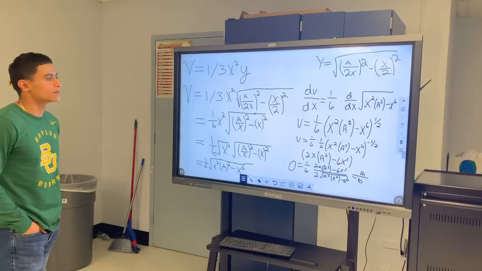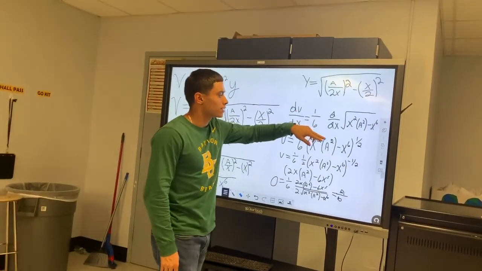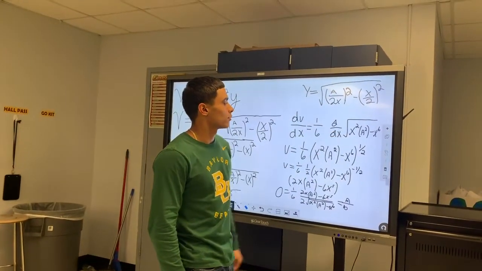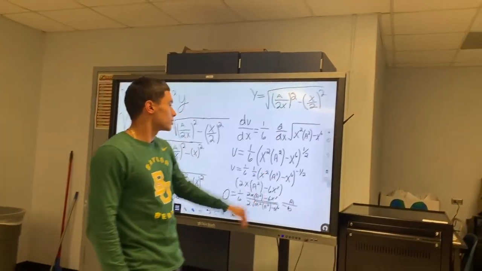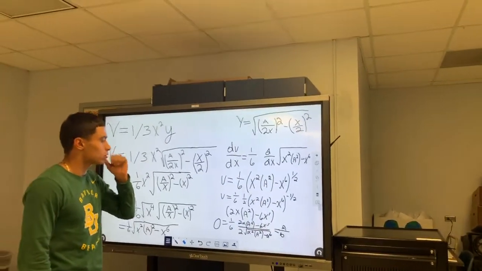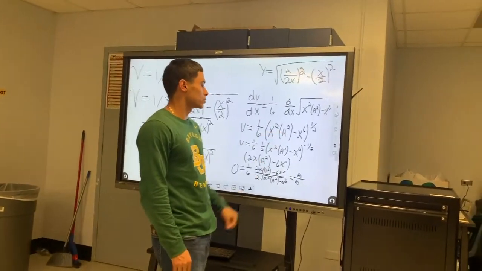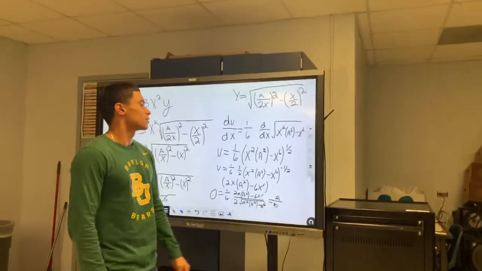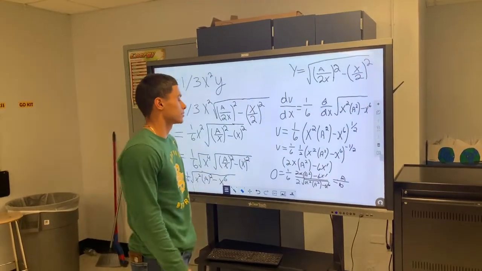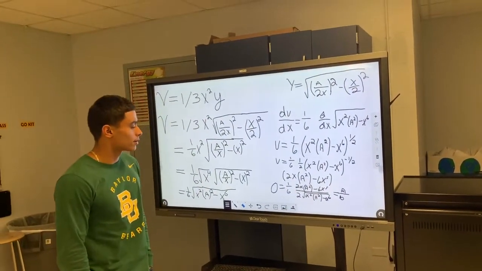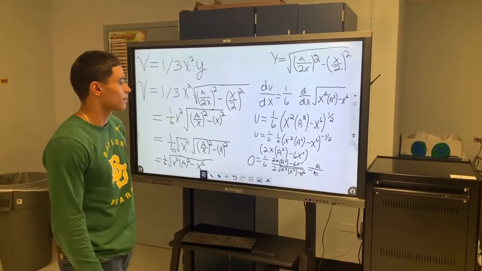Now we have to find the derivative, which is dV over dx equals 1/6 times d over dx of the square root of x squared times A squared minus x to the 6th. To get this radical into exponential form, we have V equals 1 over 6 times (x squared times A squared minus x to the 6th) to the power of 1/2. Now we can start working out the derivatives. So we have 1 over 6 times 1/2 times (x squared times A squared minus x to the 6th) to the power of negative 1/2.